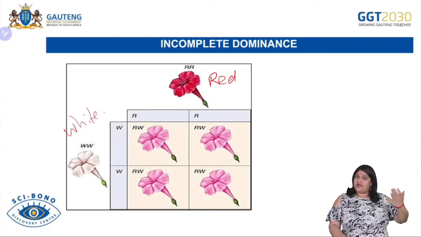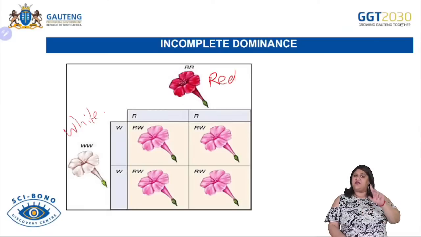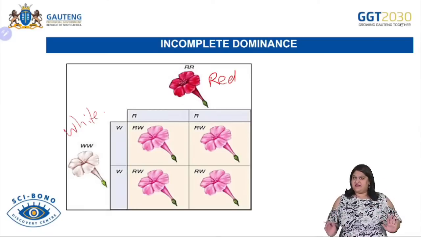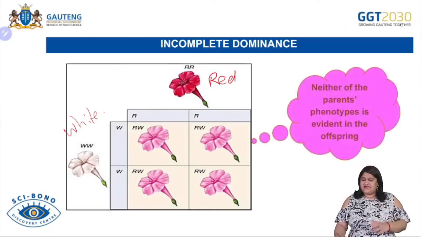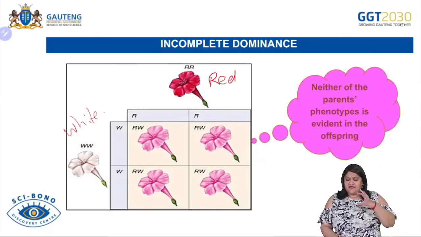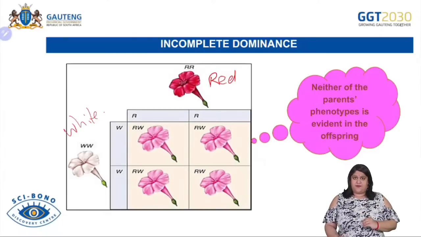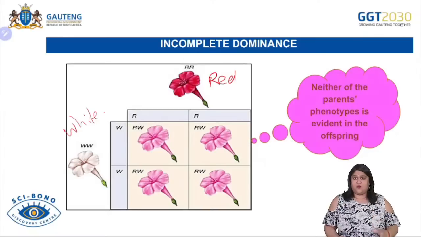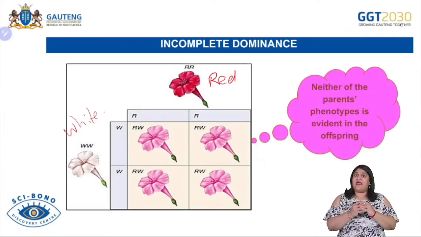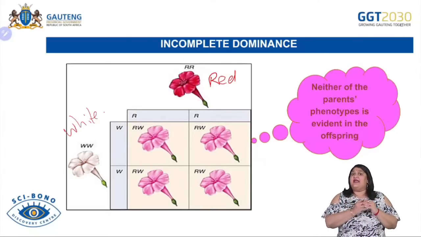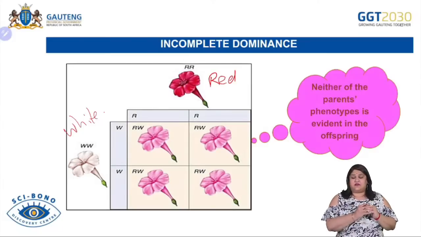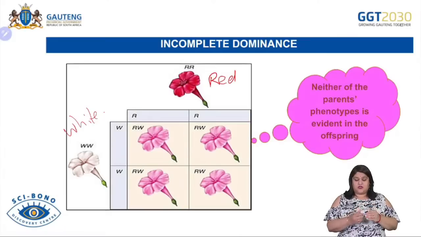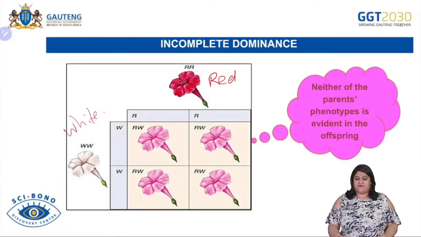Whereas in complete dominance, we used one letter and we differentiated between dominant and recessive. Here we don't. Why? Because in this instance, neither of the parents' phenotypes is evident in the offspring. It's not that we see red and we don't see white. We see a blended phenotype. And this indicates to us that neither of these alleles is dominant. Therefore, we have a blended phenotype.